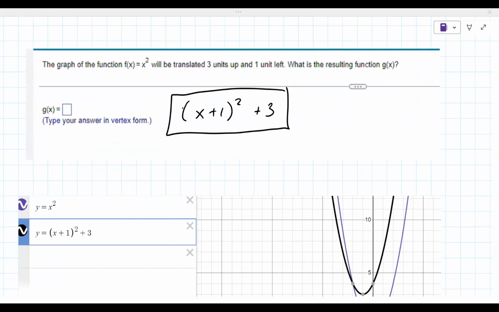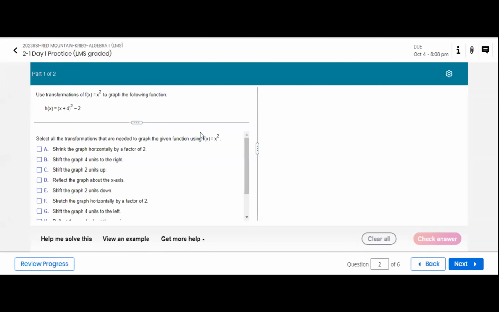Perfect. Now on to the next one. Let me share my screen.